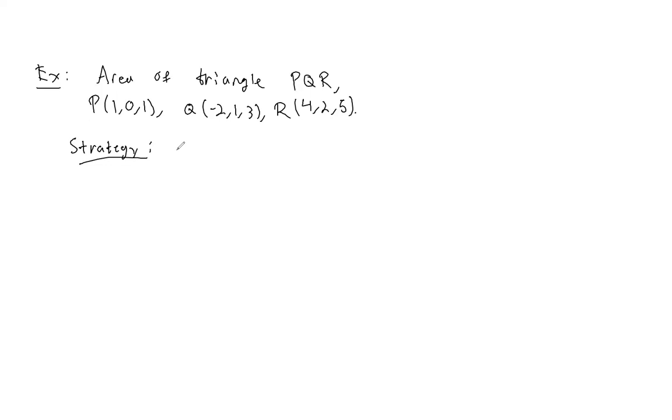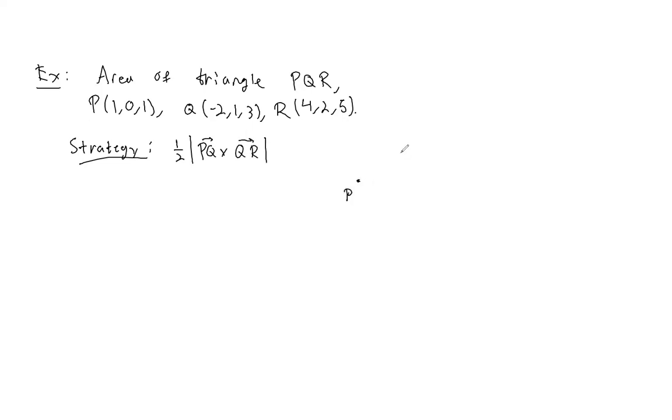The strategy here is going to be to write this as 1/2 times the area of the parallelogram formed by PQ and QR, right?